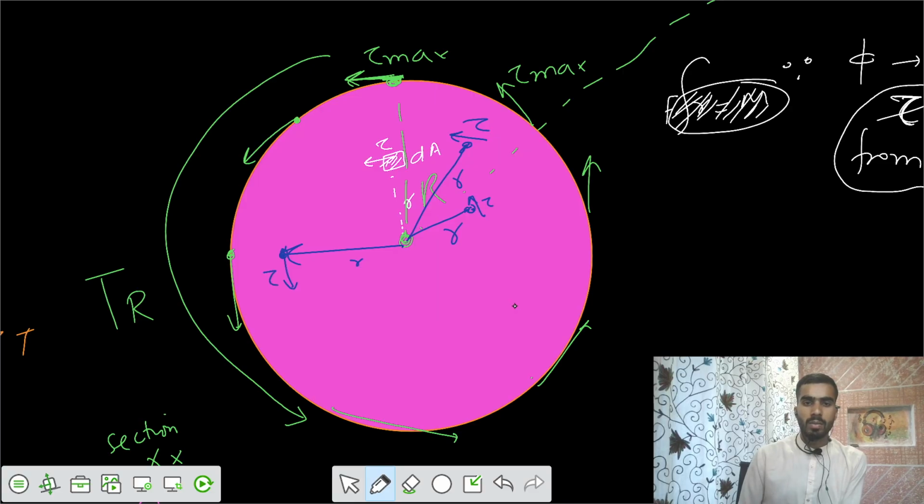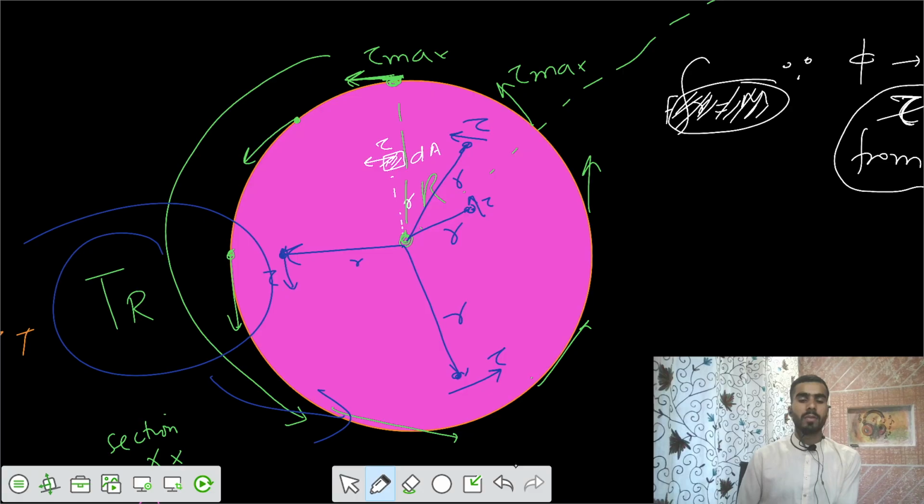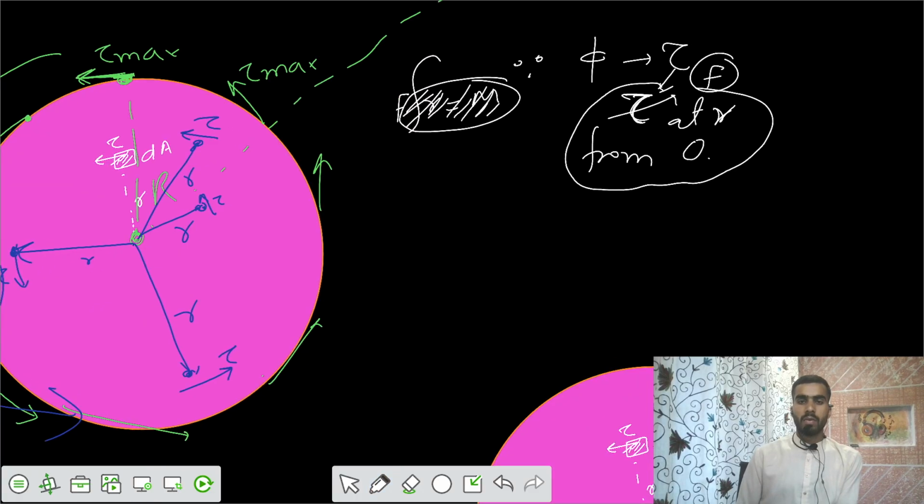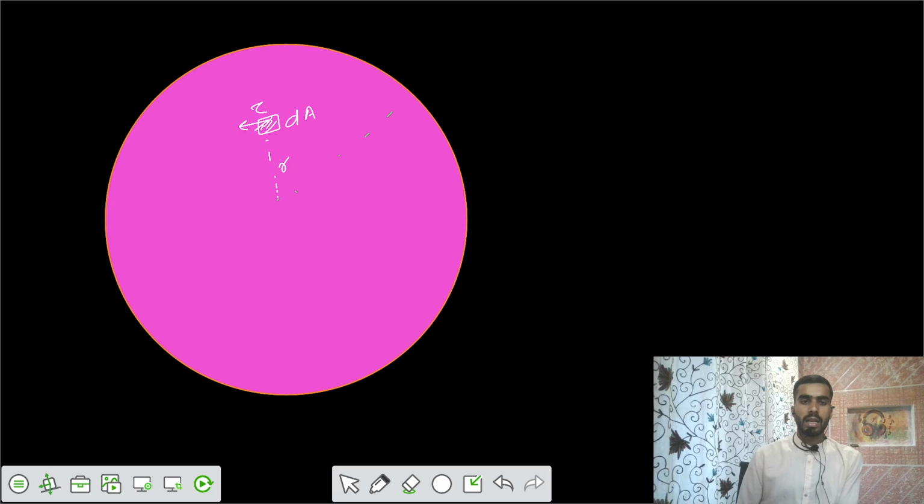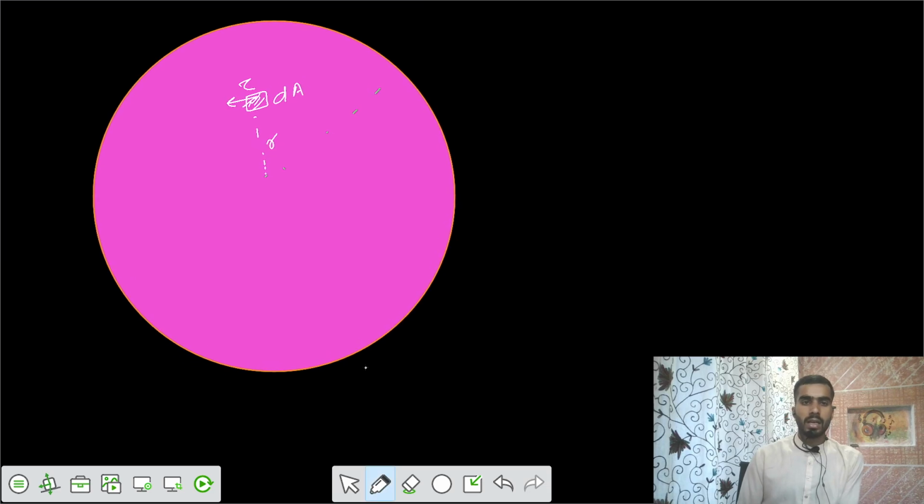So tau is along the direction of resisting torque. Now we take that small element of area dA. This was your T resisting direction. The shear stress direction on a differential element dA would be tau.